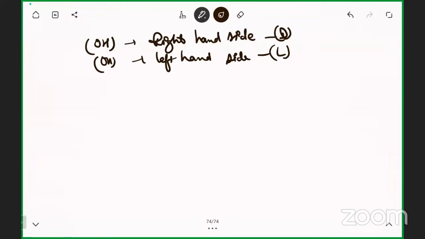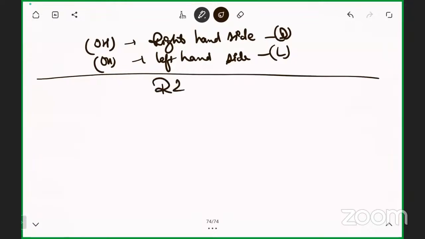But the main thing you have to remember is the R and S configuration.